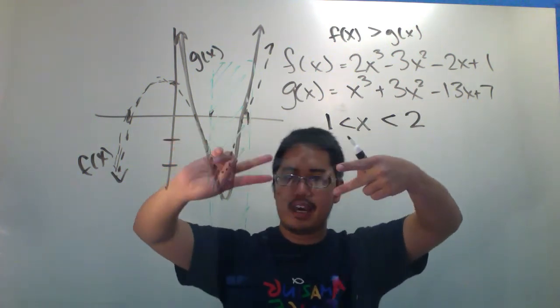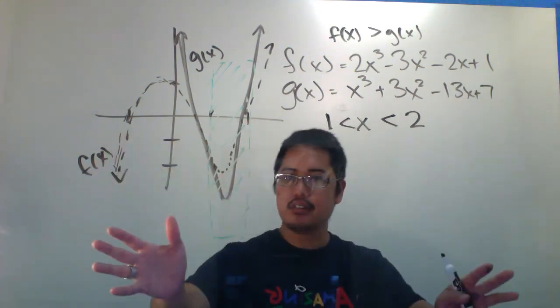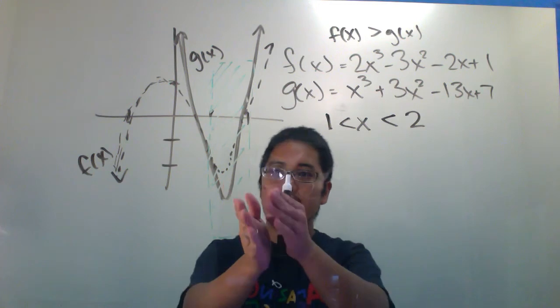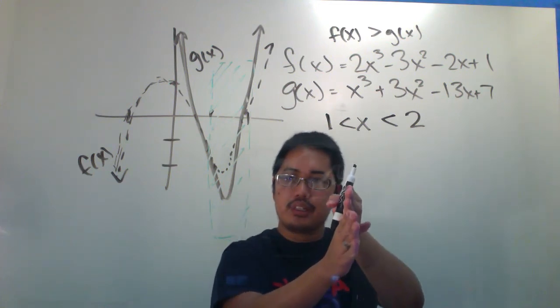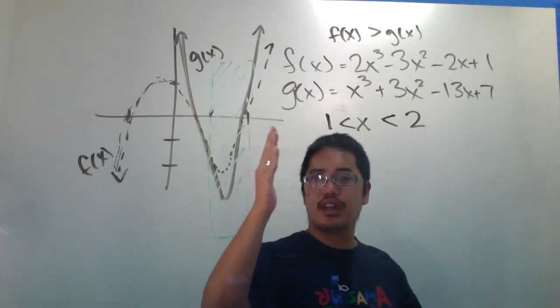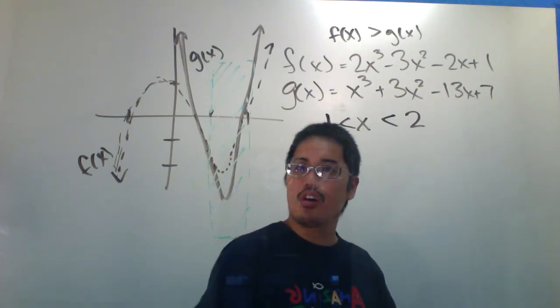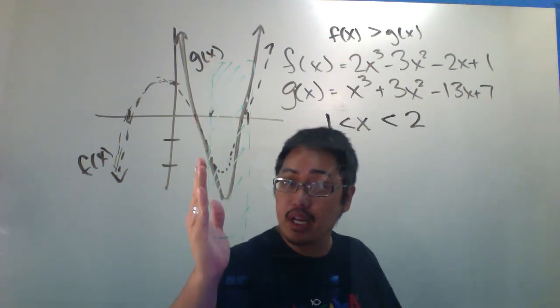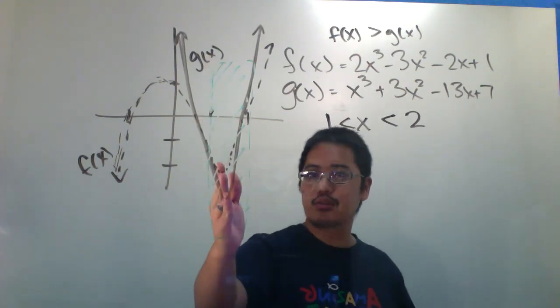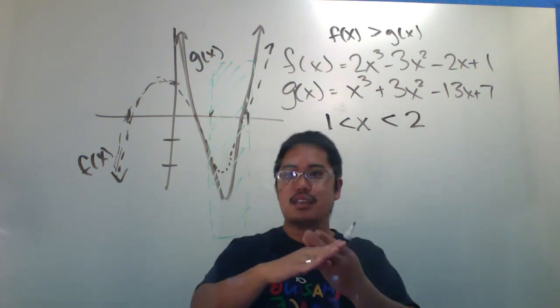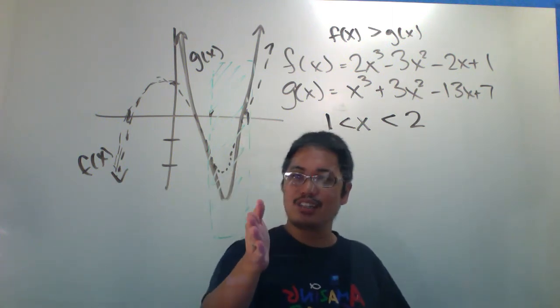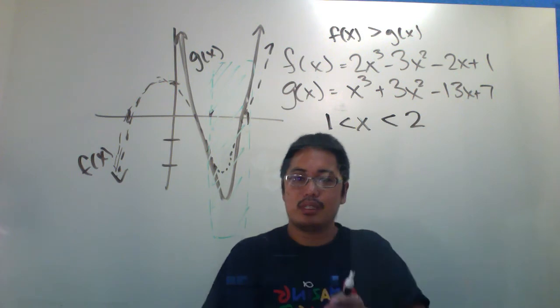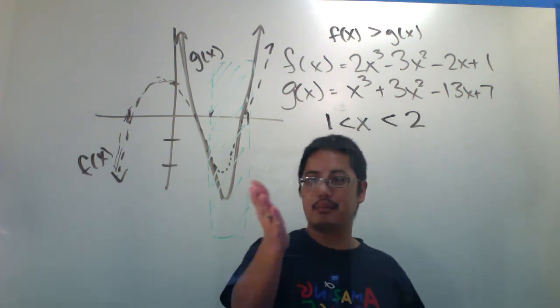They switch paths. So 1 is my crucial point. If they cross paths at x equals 1, then right exactly at x equals 1, they should be equal to each other. Does that make sense to you?